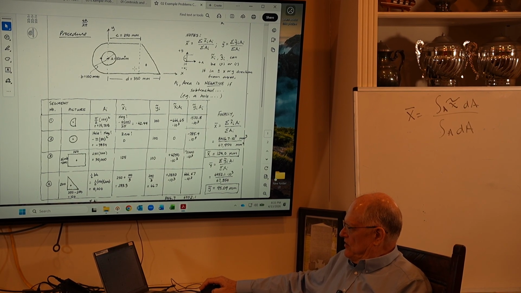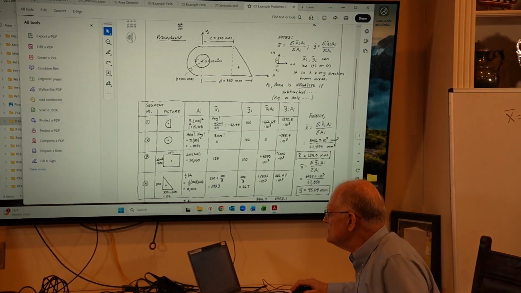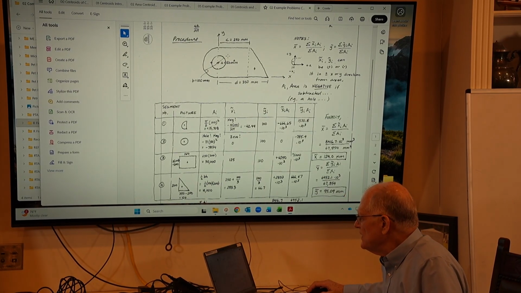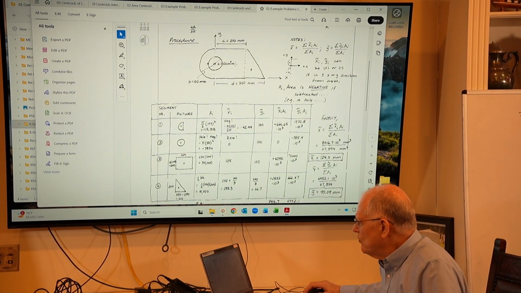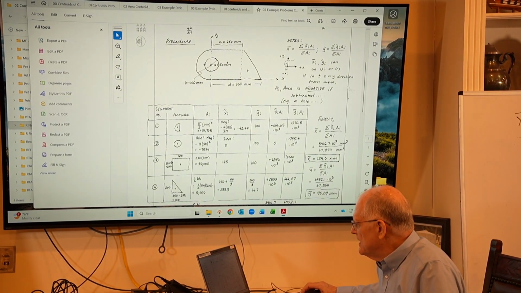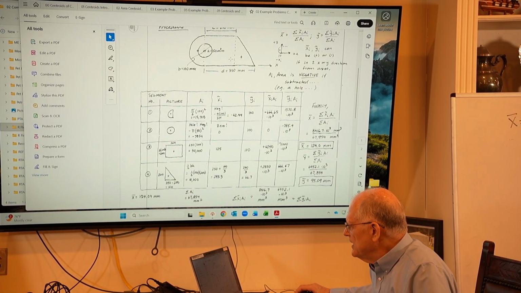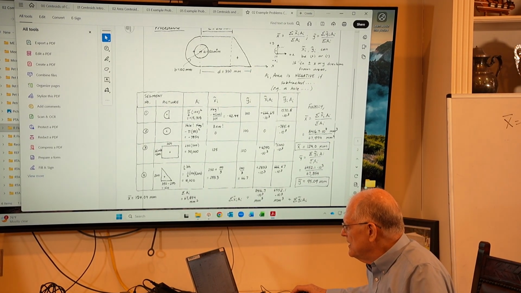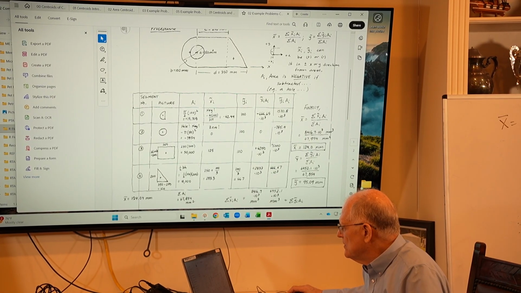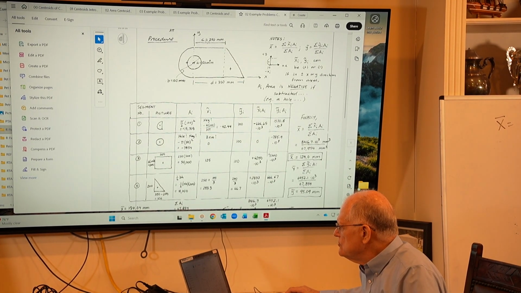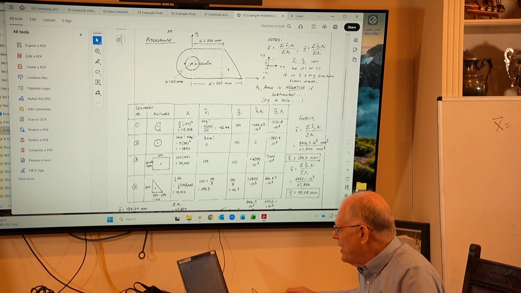The rectangle, this is 250, so the x tilde is 125 and the y tilde is 100. And then finally, the triangle here, its x tilde is 250 plus 1/3 of this.